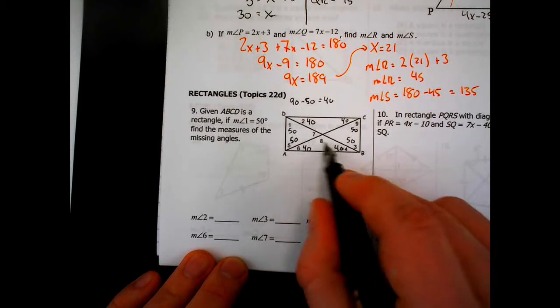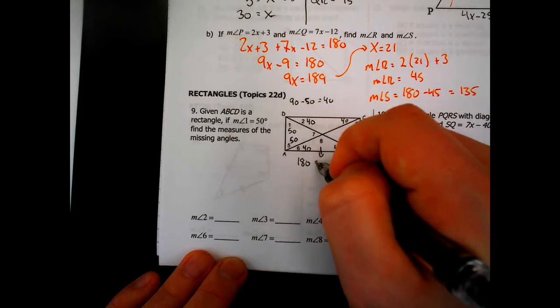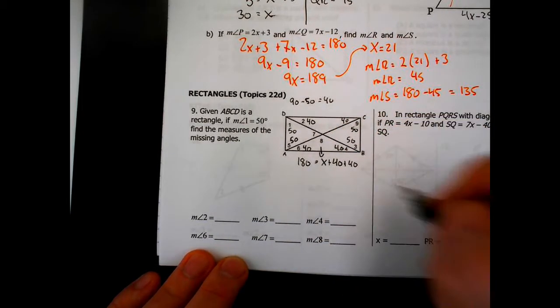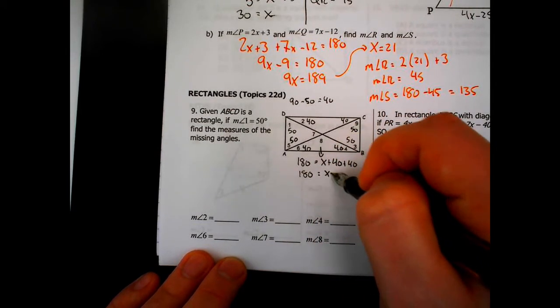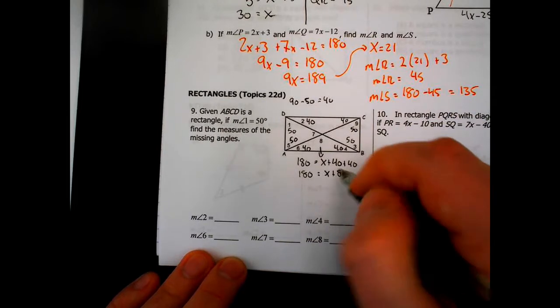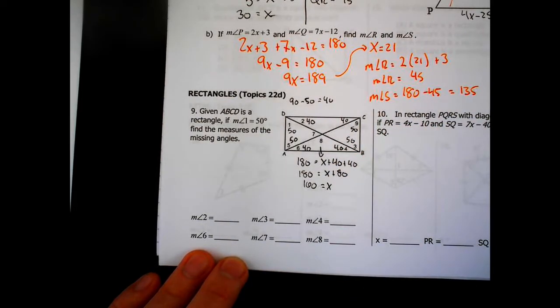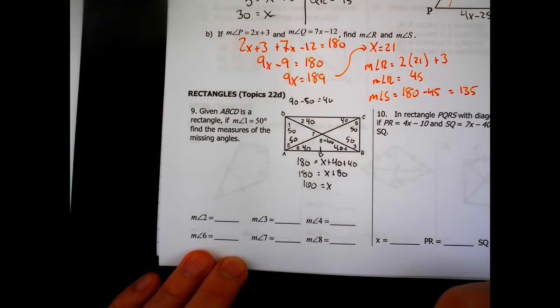We know the triangle has to add up to 180. So 180 equals x plus 40 plus 40. Combine these. Subtract that 80 off on both sides and get 100 for x. So that gives me a measure of angle 8.